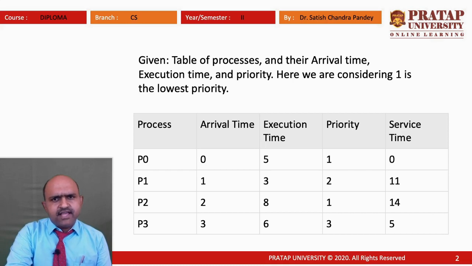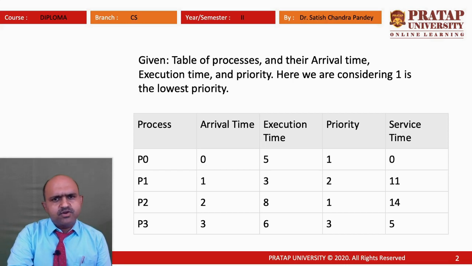What are the arrival times? P0 arrival time is 0, P1 arrival time is 1, P2 arrival time is 2, P3 is 3. What is the execution time for each process? P0 has 5, P1 3, P2 8, P3 6. Priority: in the other column we can see the priority for all processes.